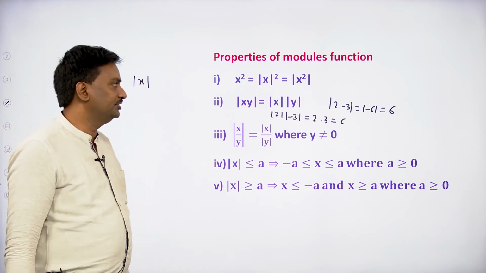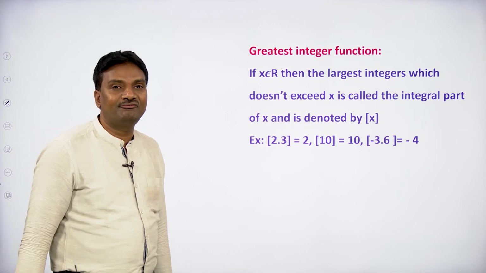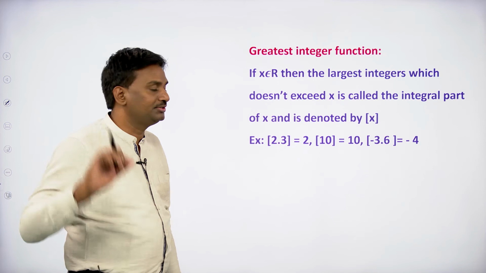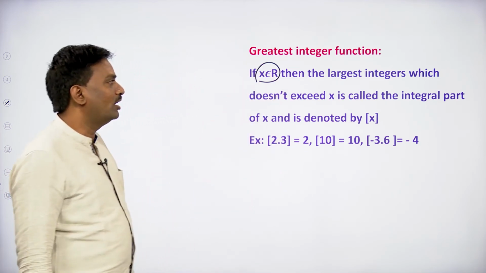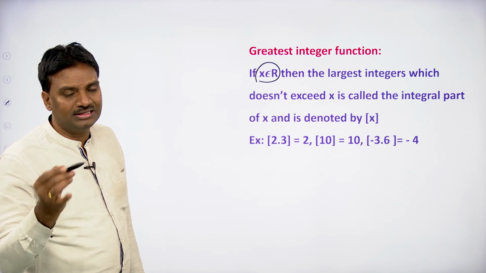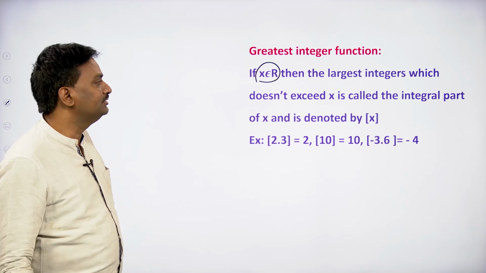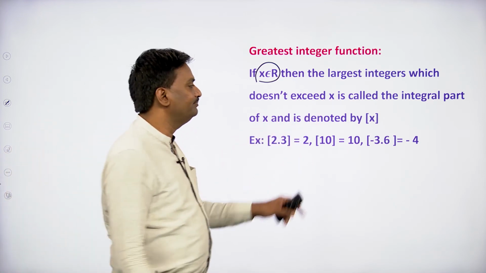So next let us discuss the next function, the greatest integer function. If x is any real number, then the largest integer, largest is nothing but greatest, the greatest integer which does not exceed x is called the integral part of x and is denoted like this.